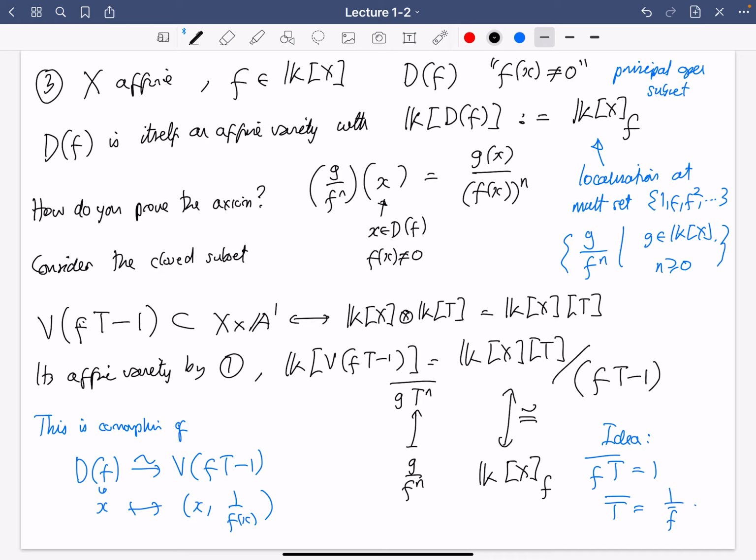You actually need to go to this more general notion of non-affine variety to be able to make sense of a general open subset being a variety. So we're only ever going to talk about principal opens, and so that's important to stay within this category of affine varieties.